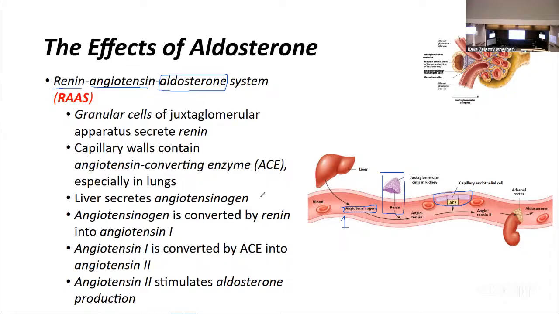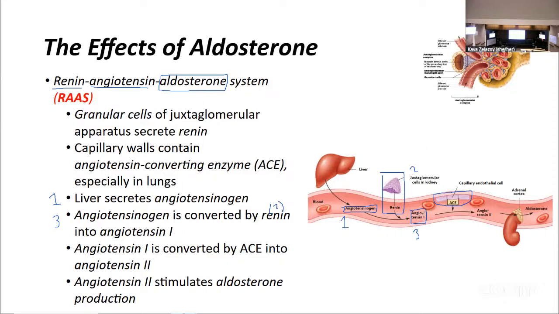First step, we're secreting angiotensinogen from the liver. Second step, those juxtaglomerular cells have to be releasing the renin. Then our third step is going to be the conversion of angiotensinogen to angiotensin 1. Sorry, the 2 is not in between, but here we have 3. Renin is the thing that's doing that. All right, so renin was step 2.